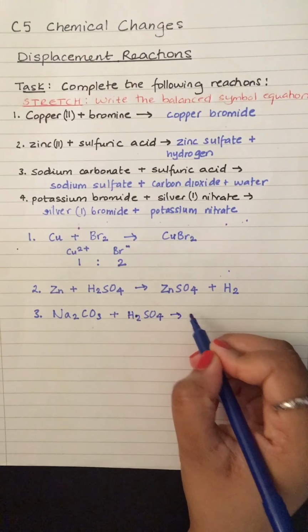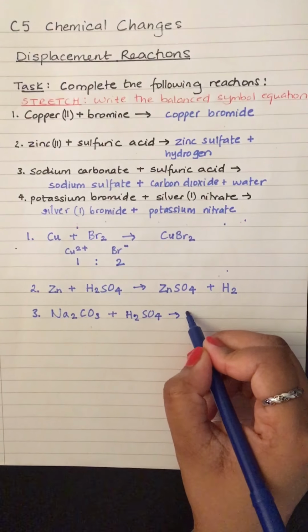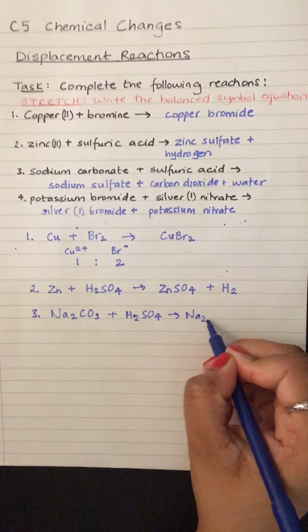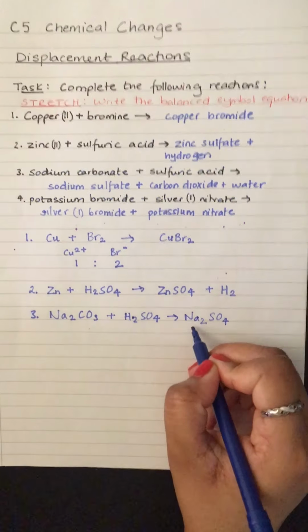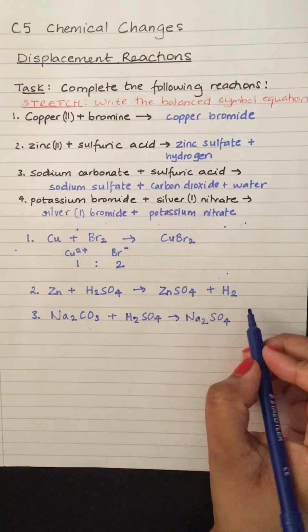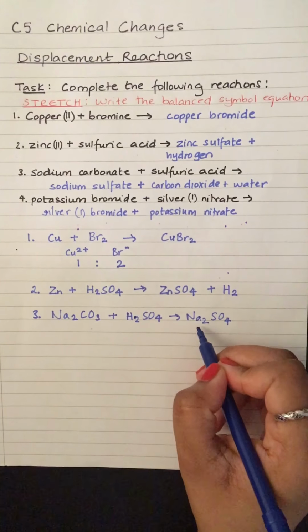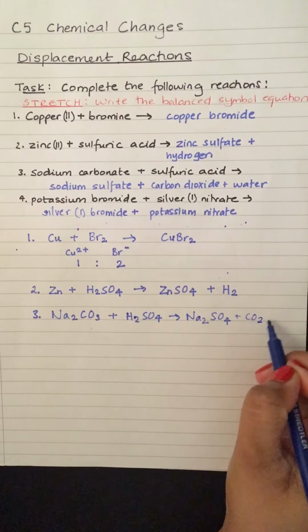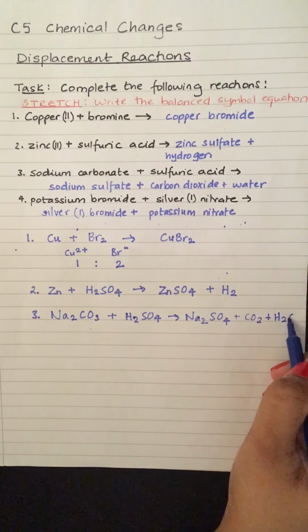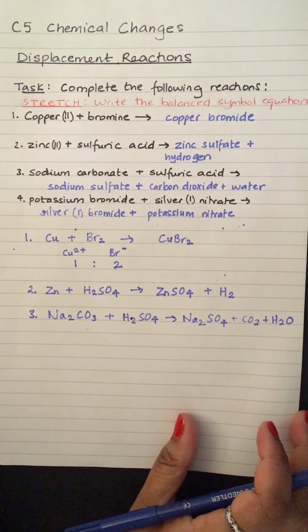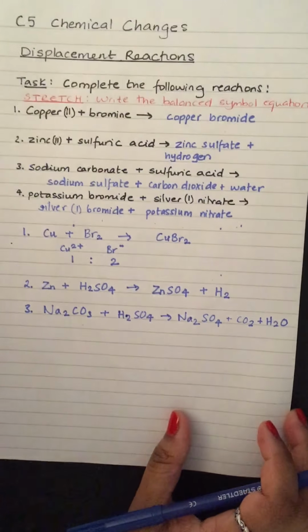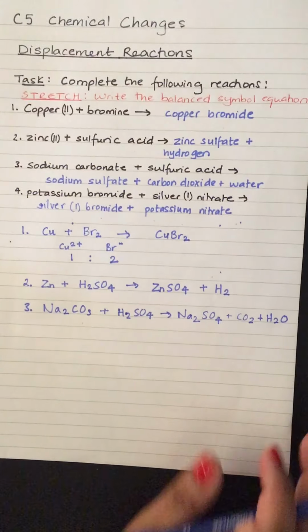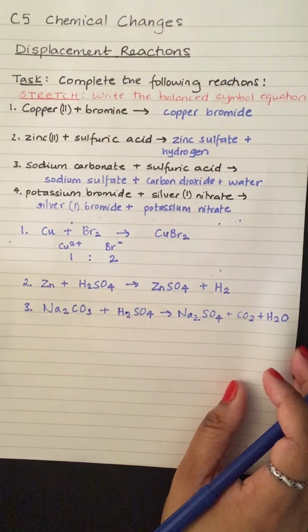And we're going to form sodium sulfate, Na2SO4. Remember, each sodium ion has a charge of +1, so we need 2 of these for every one of these, plus carbon dioxide plus water. Again, you're expected to know the formulae of those compounds, carbon dioxide and water.